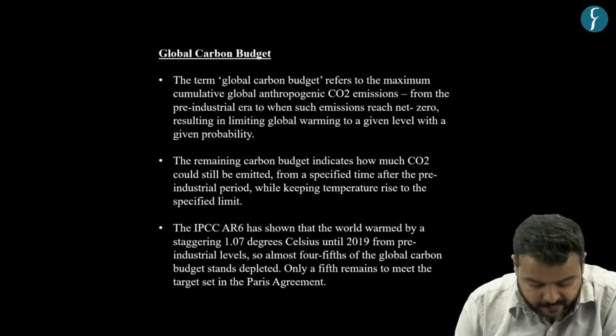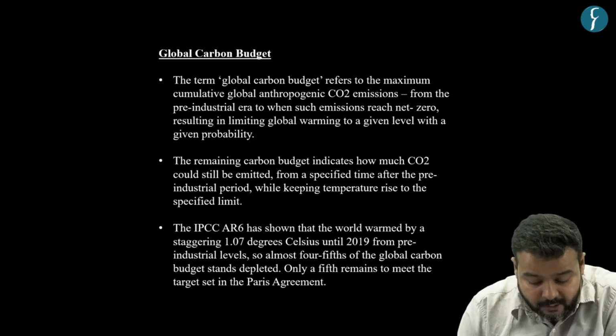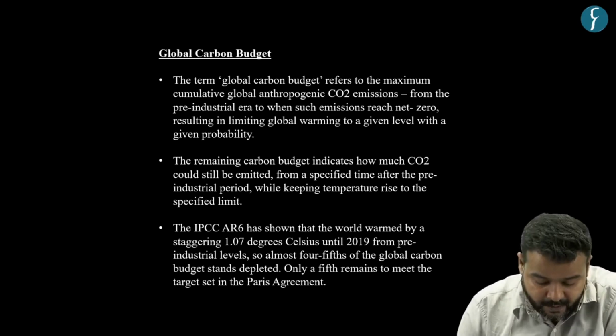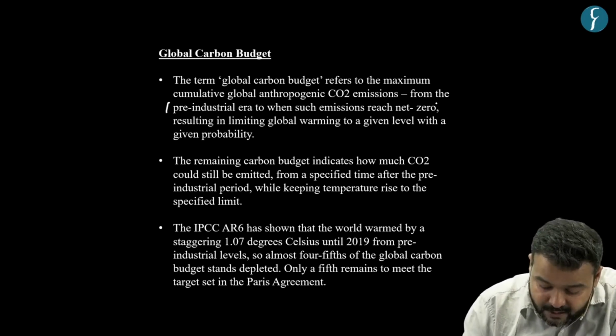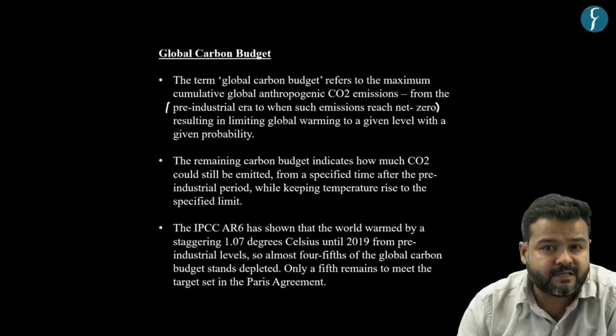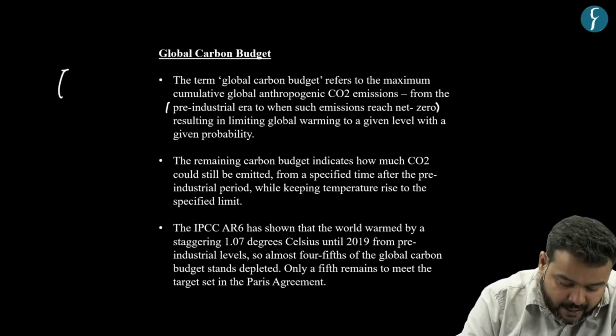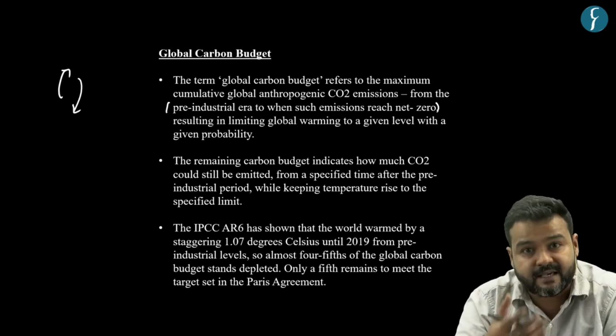So going by definition, it refers to the maximum cumulative global anthropogenic CO2 emission from pre-industrial era to when such emission reach net zero. Now in simpler terms, net zero emission is the amount you are emitting and the amount you are absorbing back, like fixing it again.